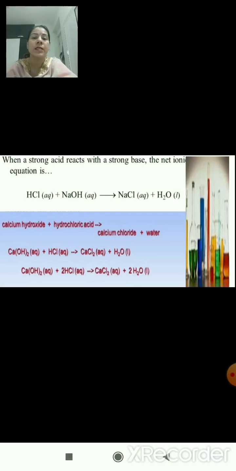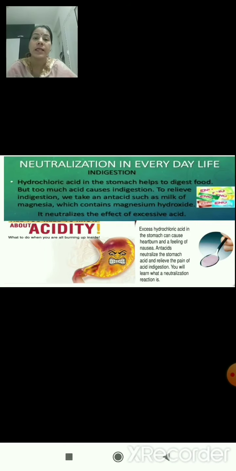So now children, let us study about this neutralization reaction in our day-to-day life. There are so many examples where neutralization reaction occurs in our daily life. One example is indigestion.